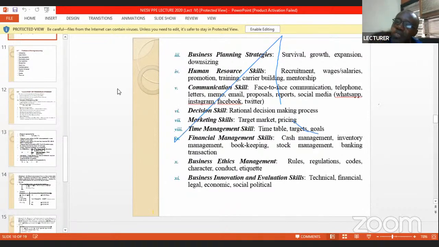Buildings, machines, plant and machinery, plant and equipment, motor vehicles, shares, bonds, debentures. He has diversified investment. And that is what you are taught in portfolio management, property portfolio management. Do not put all your eggs in one basket.